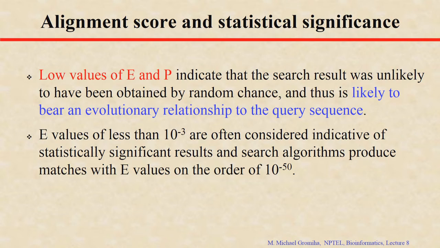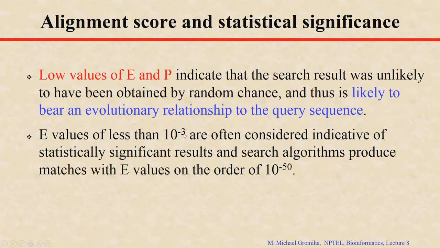That means what you obtain in the alignment between the query sequence and the target sequence is statistically significant, and you can rely on your alignment score. Usually we use a value of less than 10 power minus 3 to be indicative of significant results, and if you align related sequences, in many cases you will get values in the order of less than 10 power minus 50.